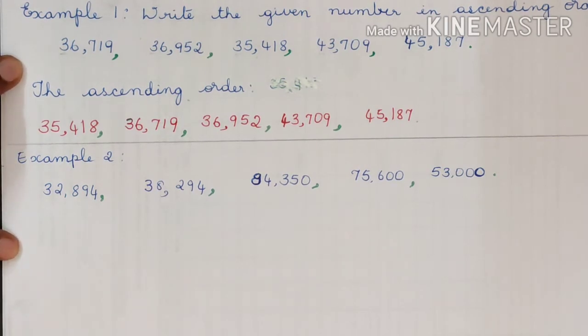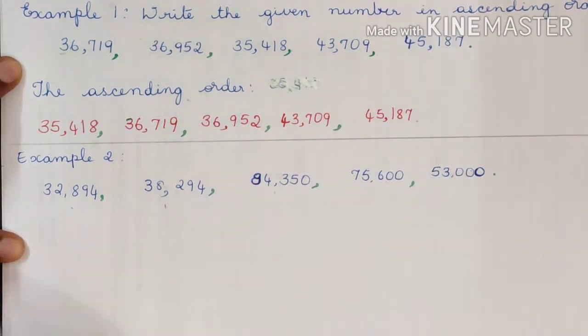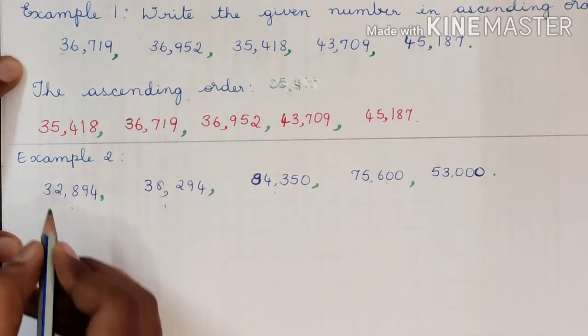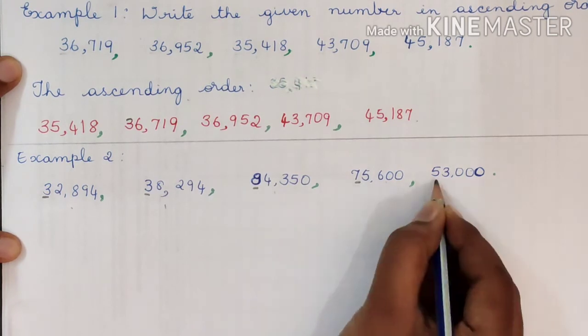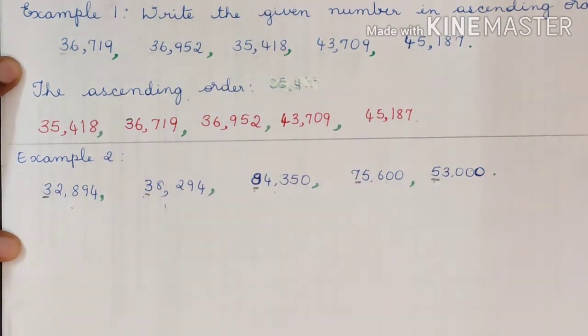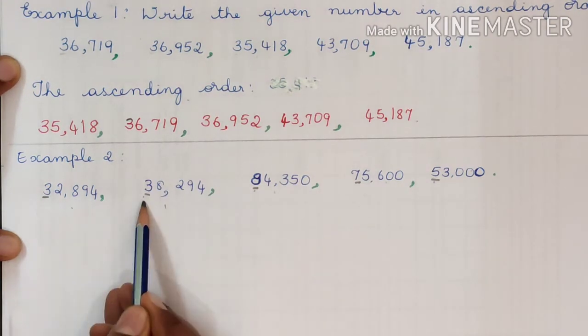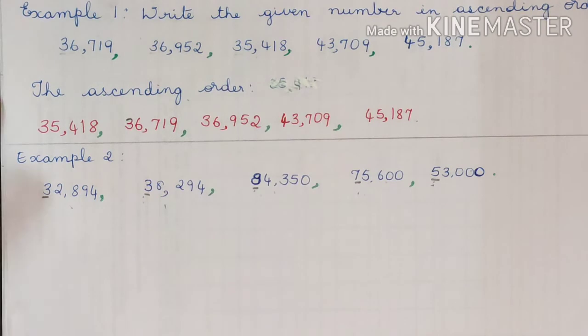According to the method, let us compare the highest places. All are 5-digit numbers. So highest place is of 10,000s. Let us underline 10,000s and see. We have 3, 3, 8, 7, 5. That means 3 is smaller than other 3 numbers.